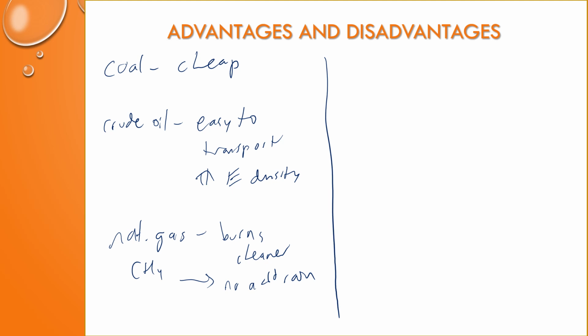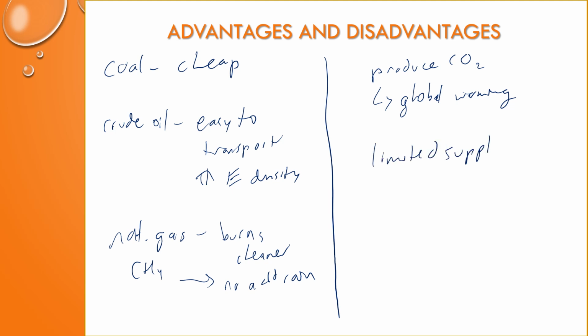Let's talk about disadvantages. So all three of them, because of their carbon sources, will produce CO2 as a byproduct. And the CO2 contributes to global warming or global climate change. All three of them have limited supplies, like finite resources, because they take millions of years to produce. So eventually we're going to run out of them.